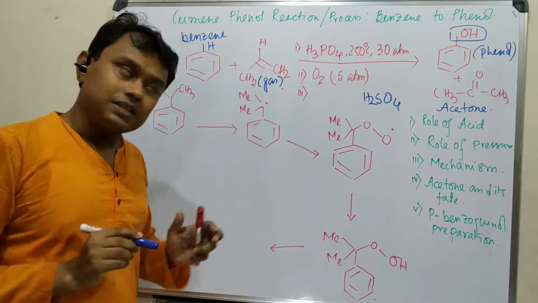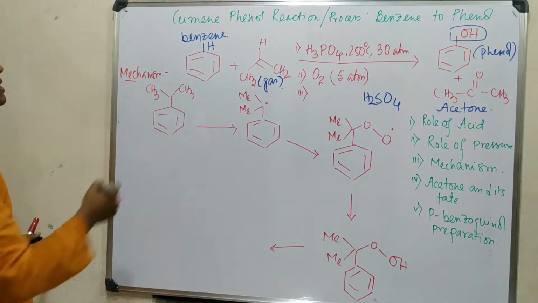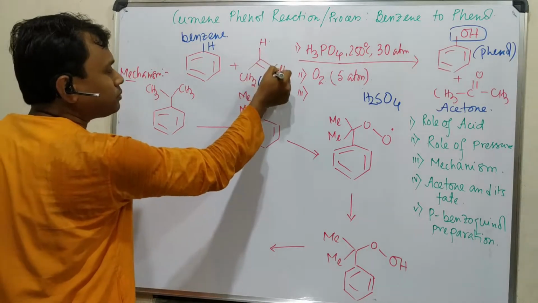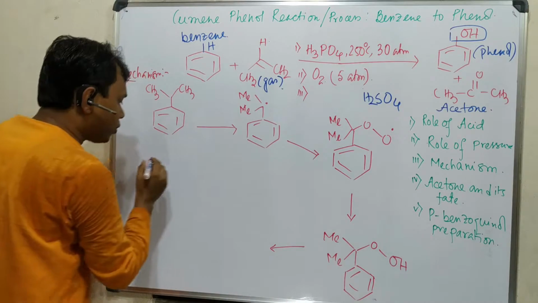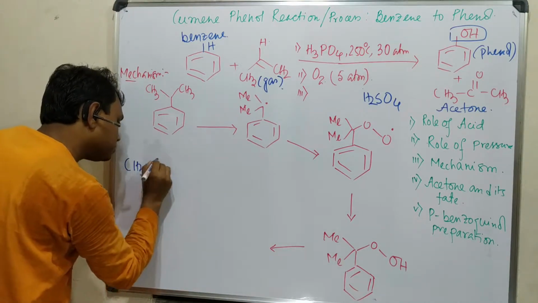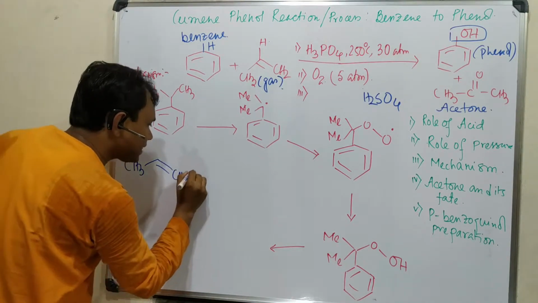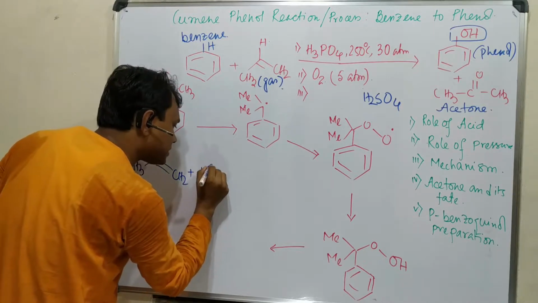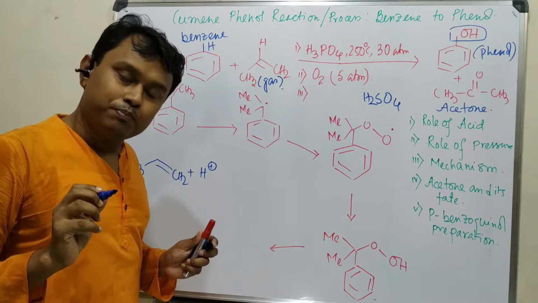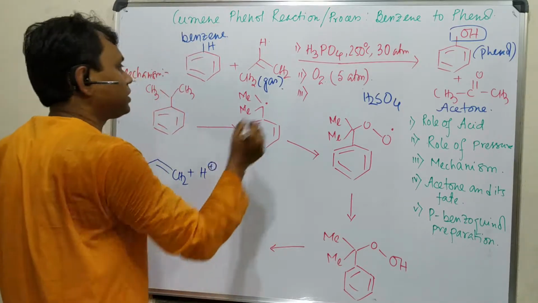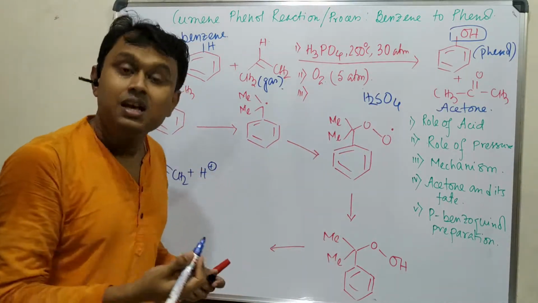Okay, so let's discuss the mechanism part. What happens? Propene reacts with acid, meaning H plus from phosphoric acid, and this phosphoric acid doesn't produce any phosphorylation product like sulfuric acid, which results in sulfonation.